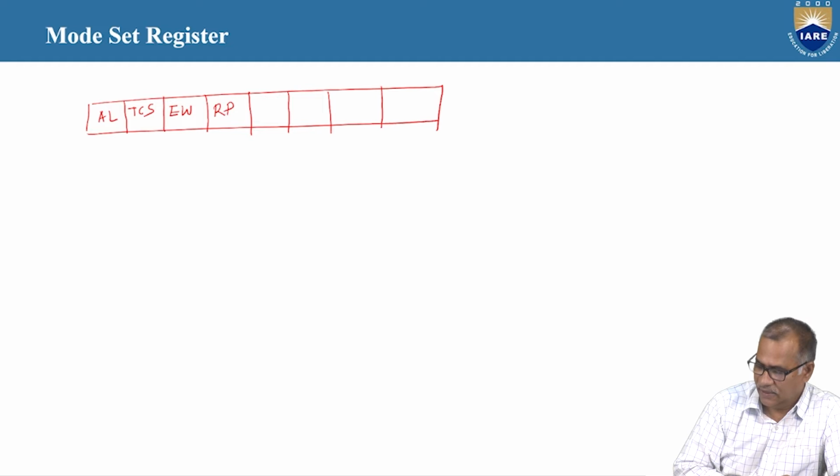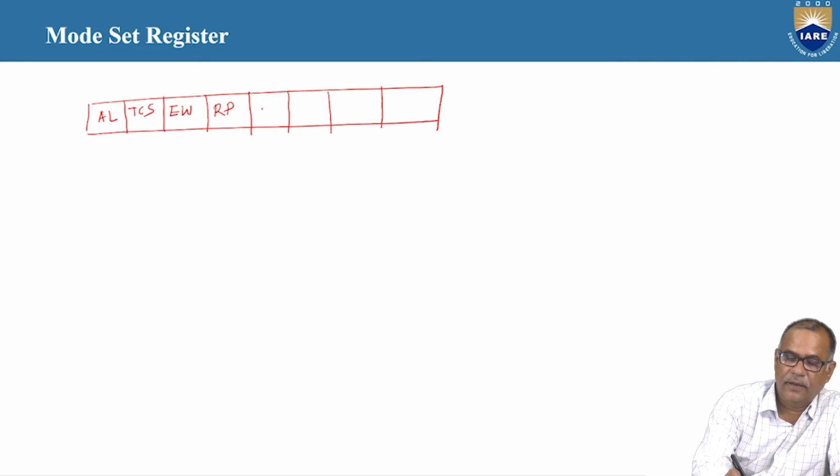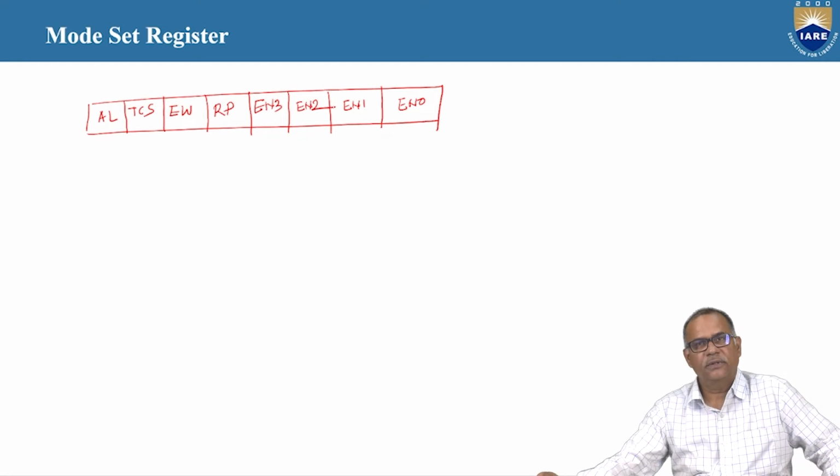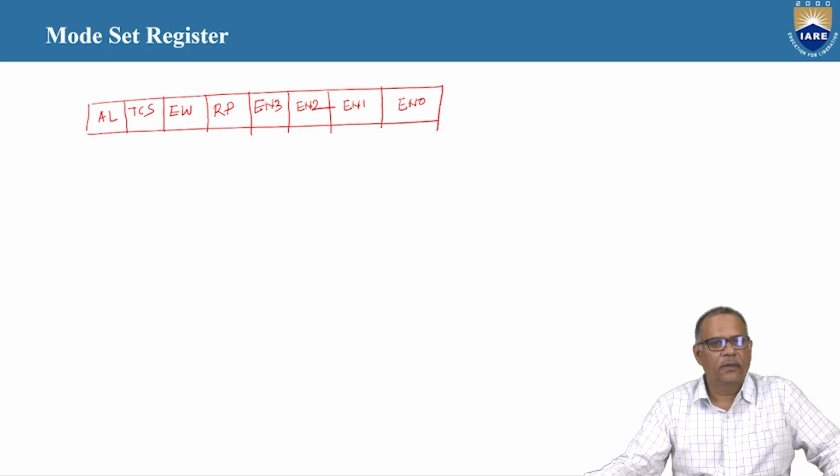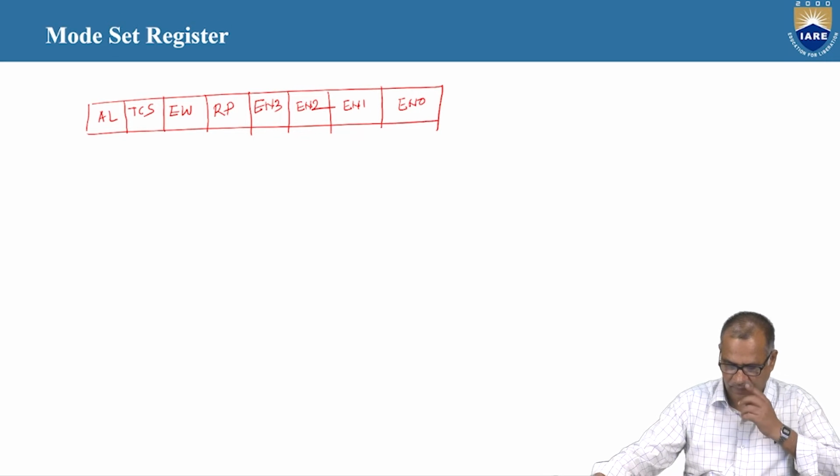If it is 0, it is a fixed priority. Then enable 3, and this is enable 0. Enable 0 means it enables channel 0. Enable 1 means it enables channel 1. Enable 2 means it enables channel 2. Enable 3 means you can enable DMA channel 3.